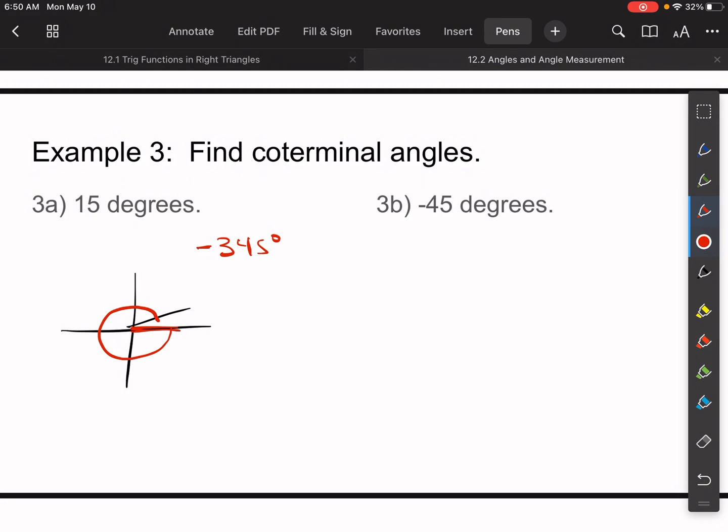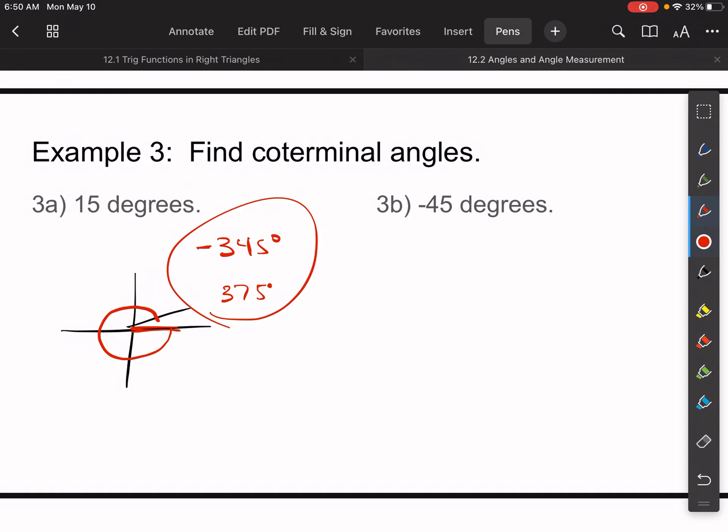Or I could just go all the way around and back again. That's 360 degrees, and then back, 360 and 15 gives me 375 degrees. So those are a couple of coterminal angles, the first two that you would probably find and use.